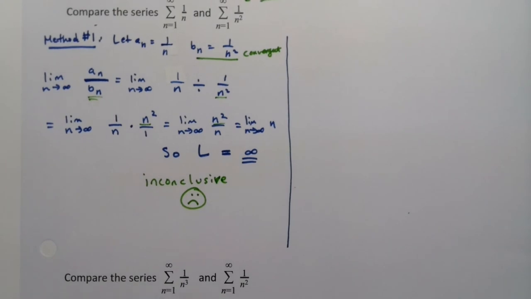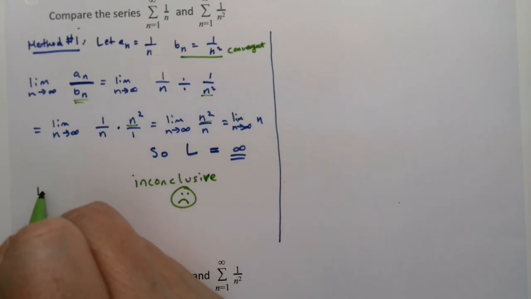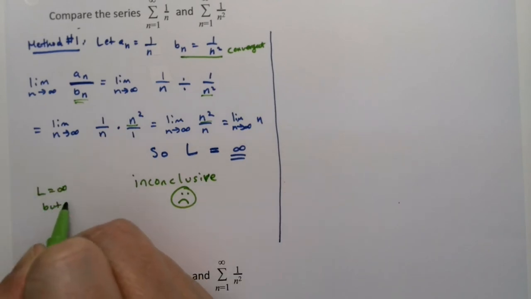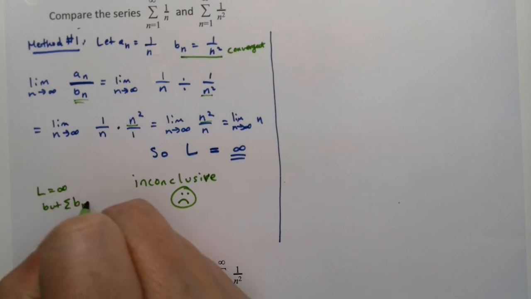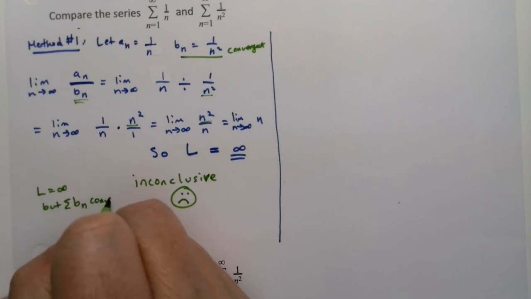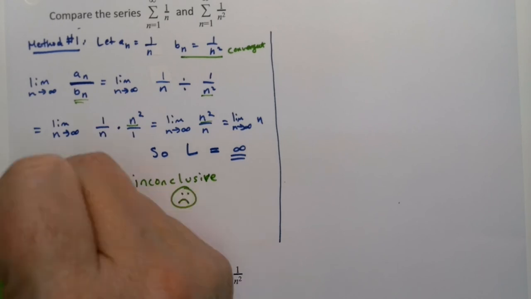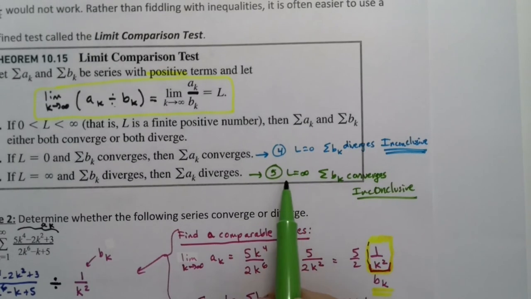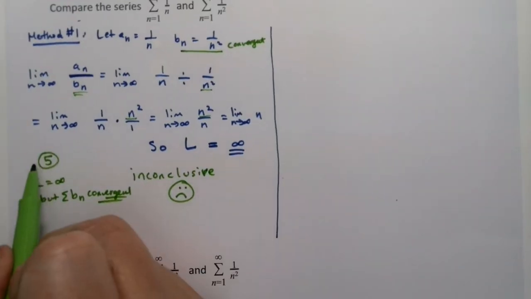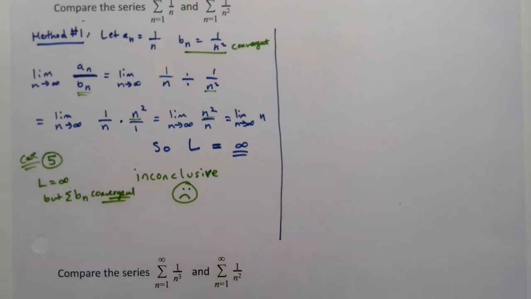And that was because the L was infinity, but b sub n is convergent. This was actually case 5 that I made up. L was infinity, b sub n converges. It's inconclusive. So this is case 5 from the theorem.